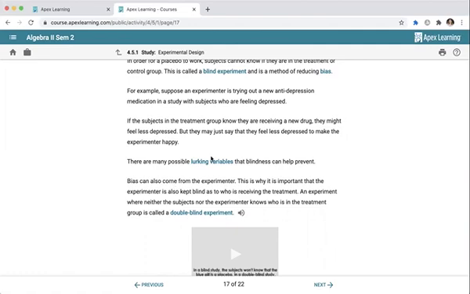An example of that is when you're asking questions: if you know that somebody got a placebo, you might ask them differently. A way around that is what we call a double-blind experiment, where the tester doesn't know who is who, and neither does the participant.